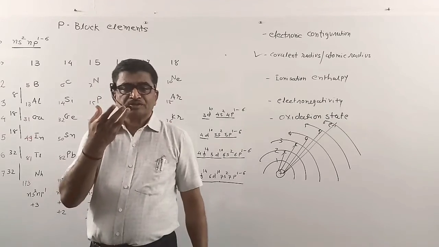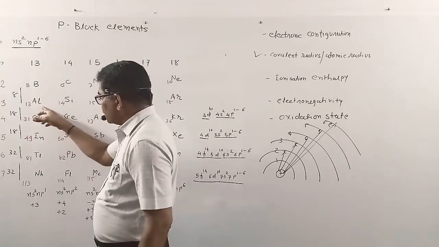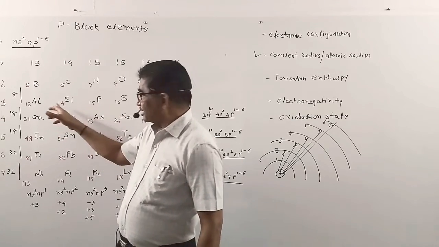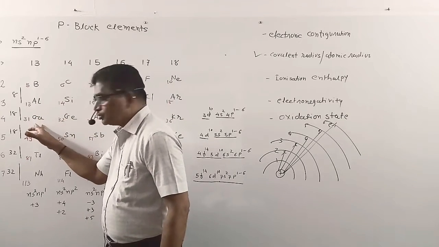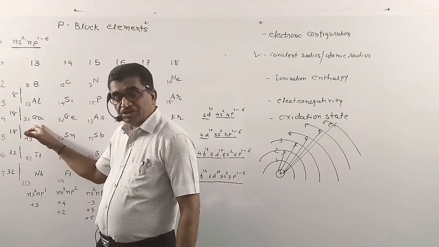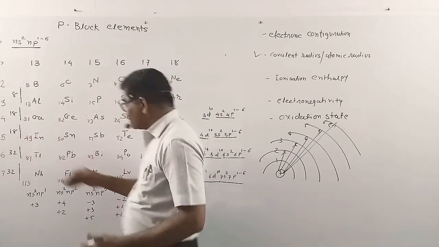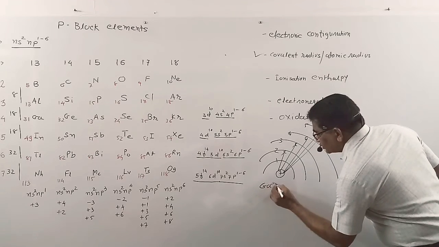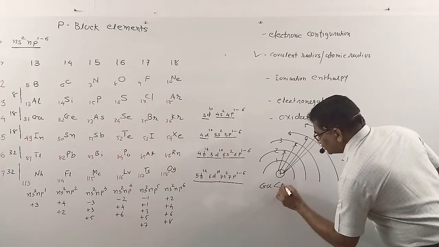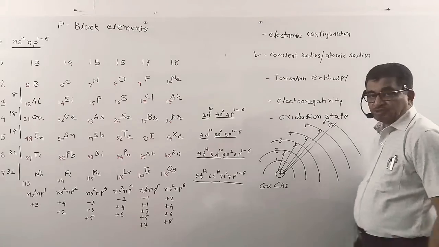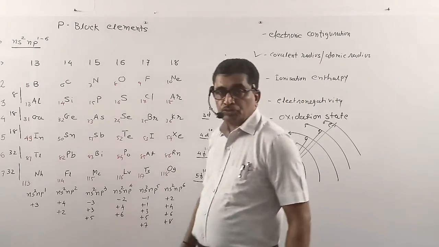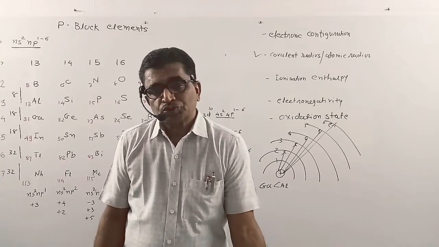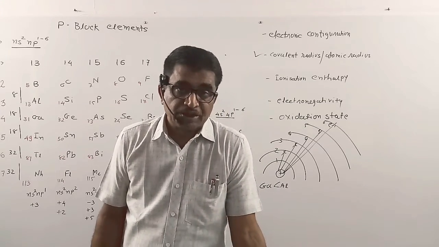As for example, regularly aluminium should have a smaller atomic radius than gallium. But here the difference is that gallium has a radius less than or equal to aluminium, due to the shielding effect, due to weak screening effect.